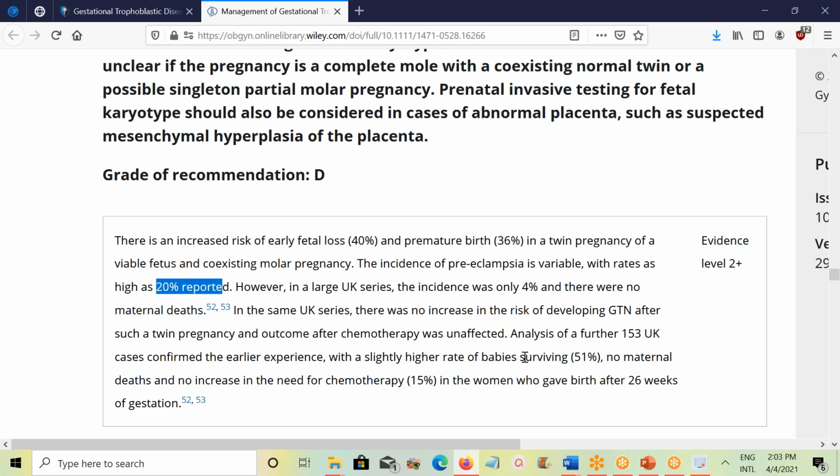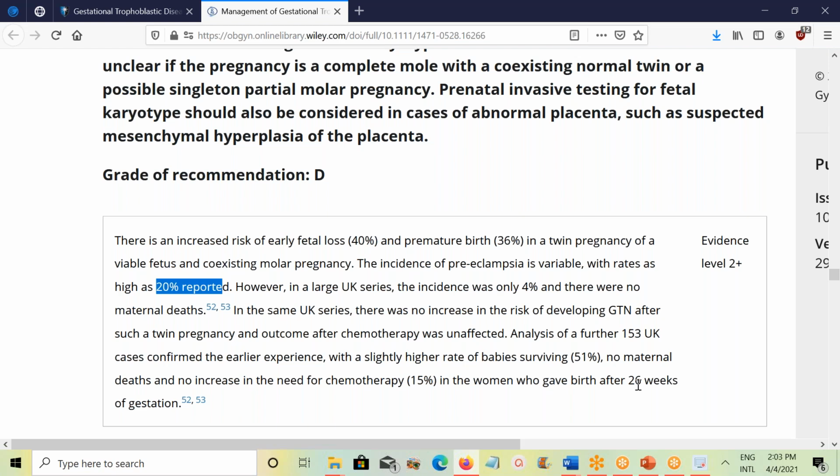So basically, I have told you that the increased risk of early fetal loss is 40%, premature birth 36%, and the risk of preeclampsia 4% to 20%. Then if the birth is after 26 weeks, 51% of the babies are going to survive, because if the birth occurs before 26 weeks, then this number will definitely drop.